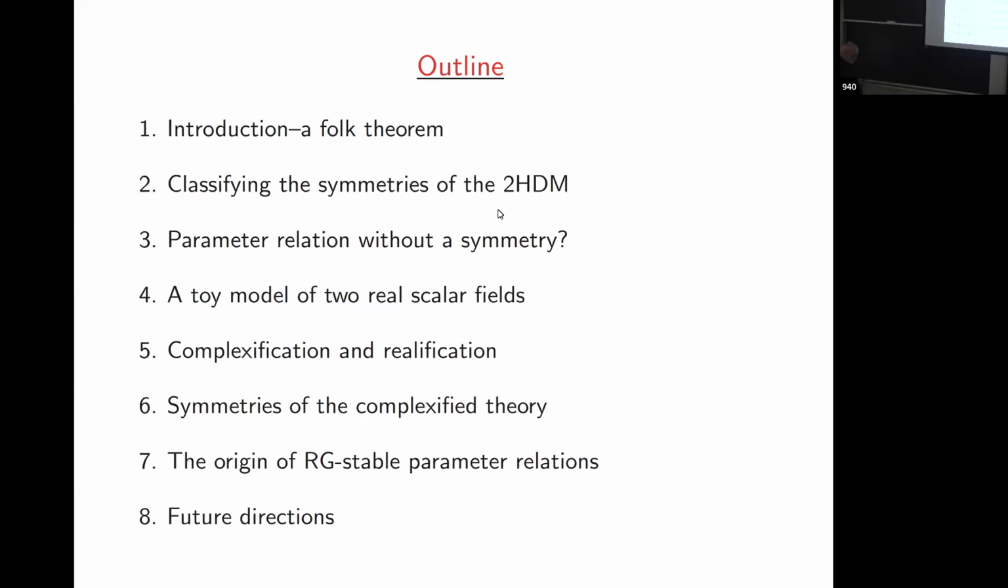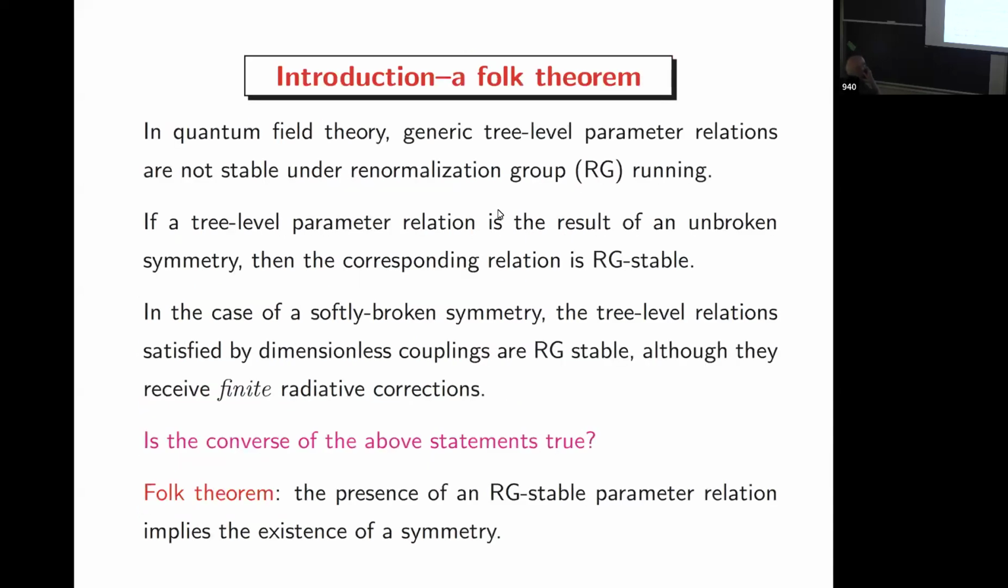Our solution to the puzzle will have to do with this concept that we call complexification. I'll explain that later, and symmetries of a complexified version of this theory. And I'll try to show why that leads to the RG stable parameter relations of the original theory where the symmetries weren't present.